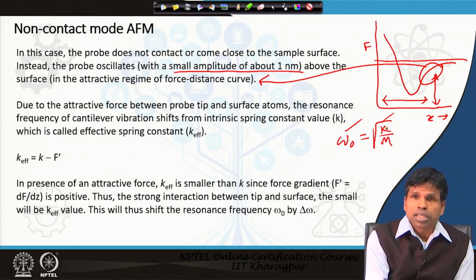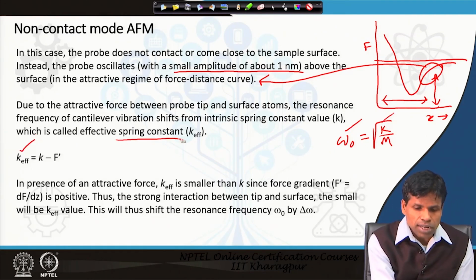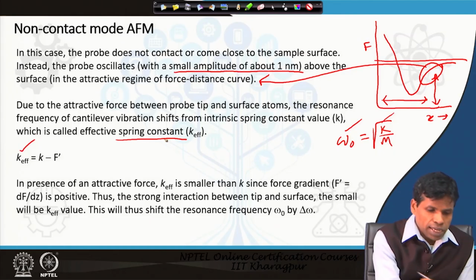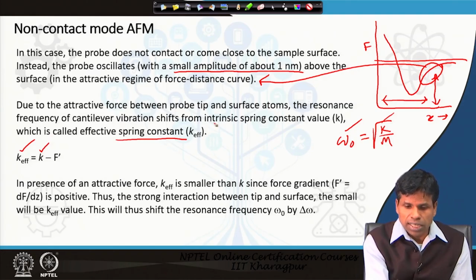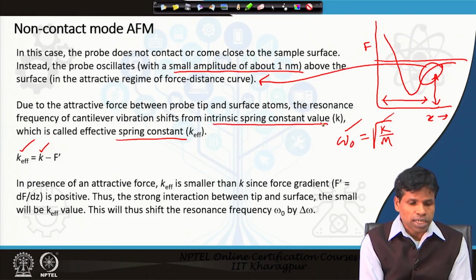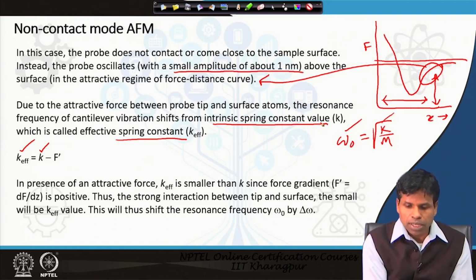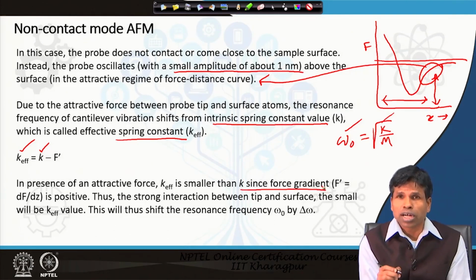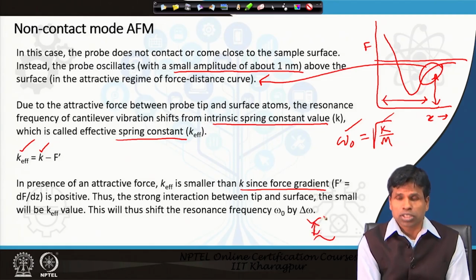The changed value is called the effective spring constant, and k is our original, intrinsic spring constant, and it shifts by a value called F prime, that is the force gradient. That force gradient is the gradient of the force between the tip and sample.